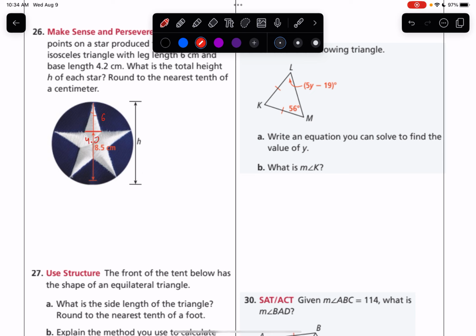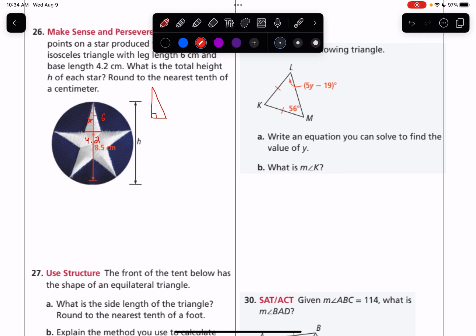If I just take half of that base, because I want to try and find x, the height of this triangle, I'm going to make half of that star point. I know it's a right angle right there because I took an isosceles triangle and made an angle bisector at the top.